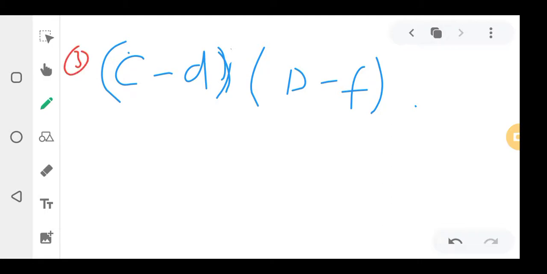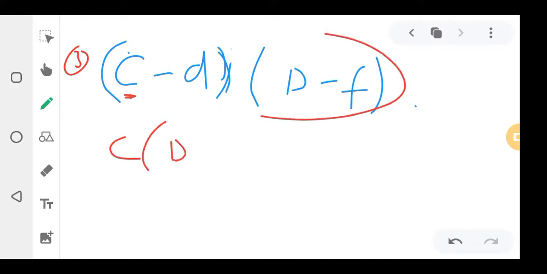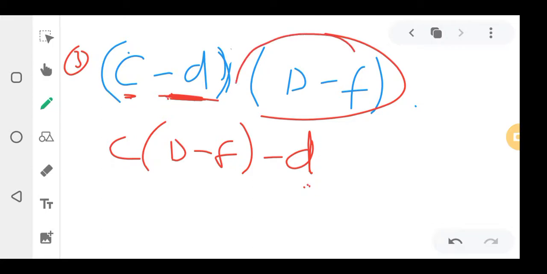You bring your c here. Again, this d minus f comes here. You multiply it with everything in the brackets. The next letter that comes here is what? Negative d. This one, you bring it here, negative d. If there's positive 4 there, you bring positive 4. If there's negative c, you bring negative c. But here is negative d, so you bring negative d. Again, this same d minus f, you bring it here too.